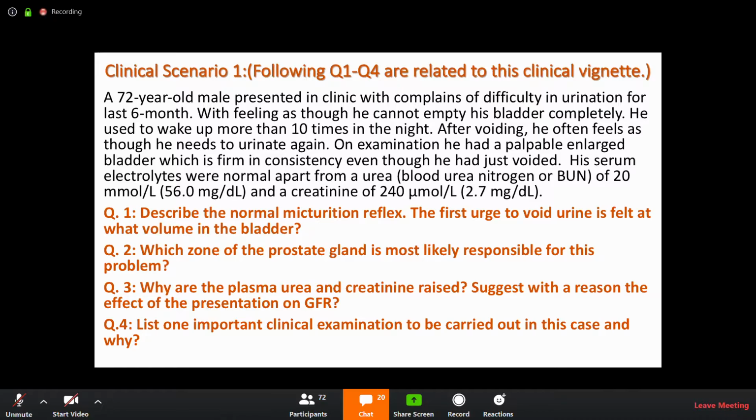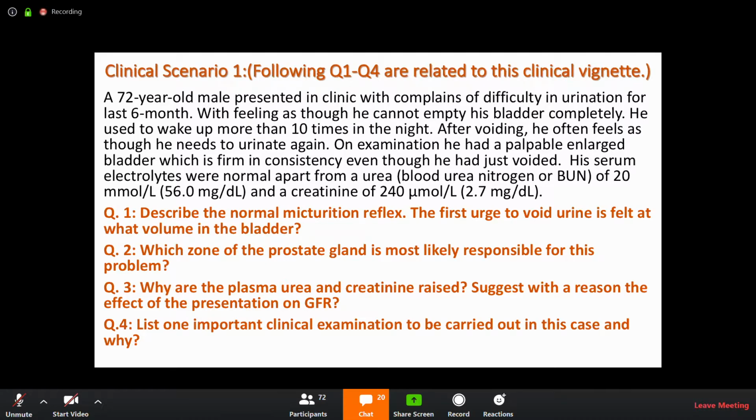And then formation of urine is a continuous process. So the amount of urine being accumulated in the urinary bladder increases. As we know that the detrusor muscles are the smooth muscles, and the smooth muscles have the property of stress relaxation. So they relax and then they accumulate more and more urine.